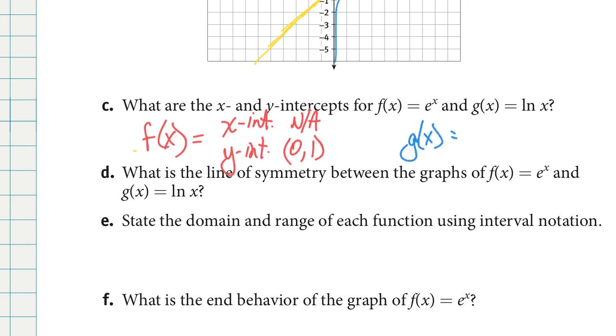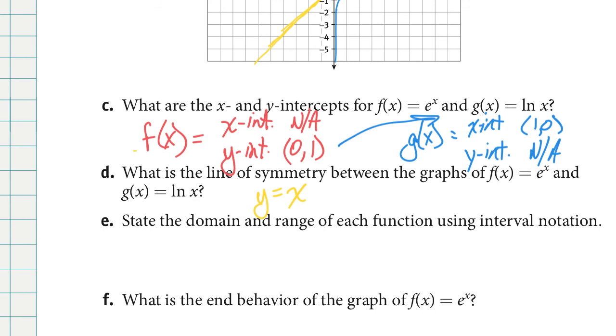I don't even look at the graph. If I know these two are inverse functions, whatever the other one had, this one is going to be inverted. So the y-intercept was 0, 1, so the x-intercept is going to be 1, 0. The y-intercept was not available, undefined, whatever you want to call it. So this is going to be undefined. Our line of symmetry, already spoiled that one for you, is y equal to x.